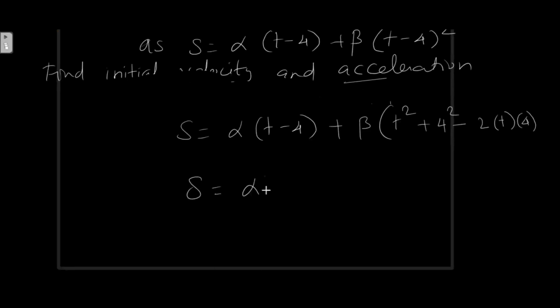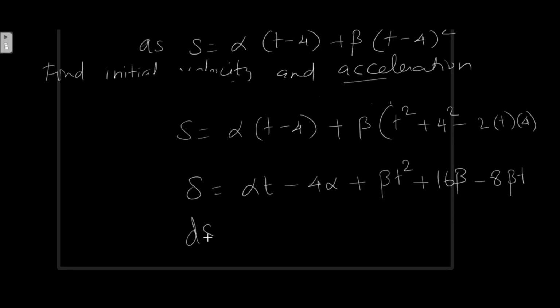S is equal to alpha t minus 4 alpha plus beta t squared plus 16 beta minus 8 beta t. So this is the general form.